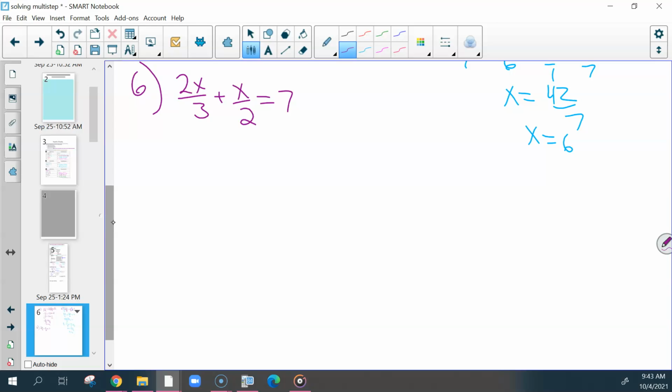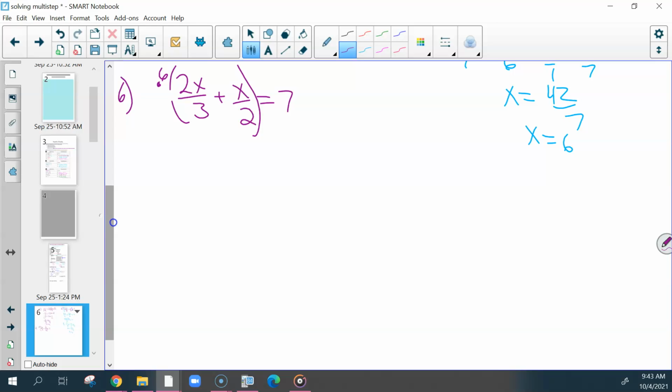So if I want to get rid of the fractions, I need to somehow multiply this entire side by something that's going to get rid of both of these. So again, that multiple. So I'm going to use 6 again. I'm going to multiply this entire side by 6.